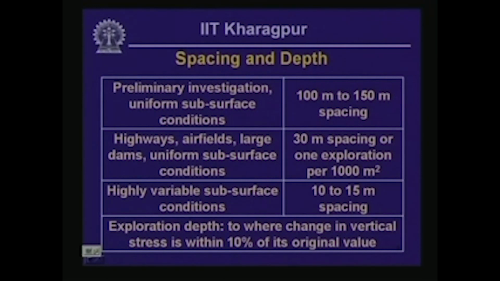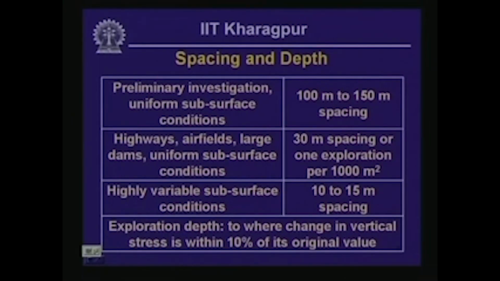Now, if you have a very important structure and the project is at a detailed design stage, and the subsurface layers are uniform once again, then the spacing is going to be much less, and the common practice is one borehole every 30 meters, or one exploration location covering approximately 1000 square meters.